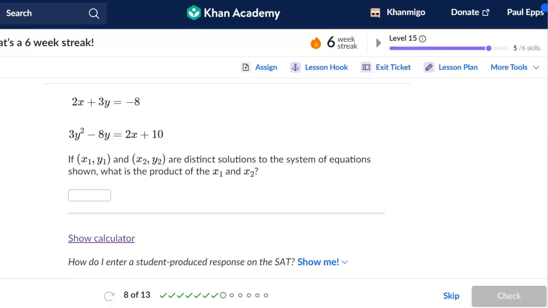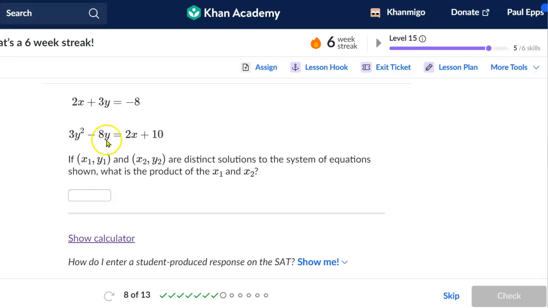Okay, we have a couple of equations here. If (x1, y1) and (x2, y2) are distinct solutions to the system of equations shown, what is the product of x1 and x2? Okay, if we were going to solve this by hand, it would be pretty easy to knock the x term out of there, add the equations, factor, and get the solutions.